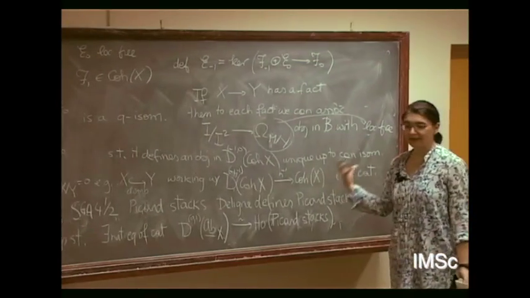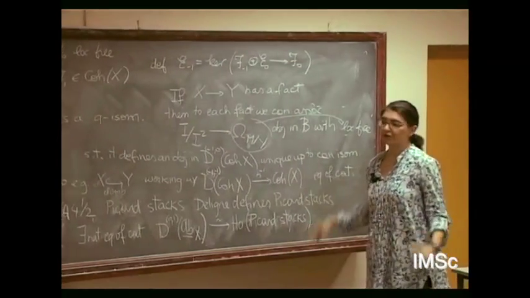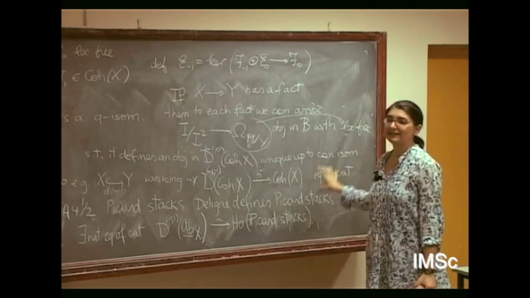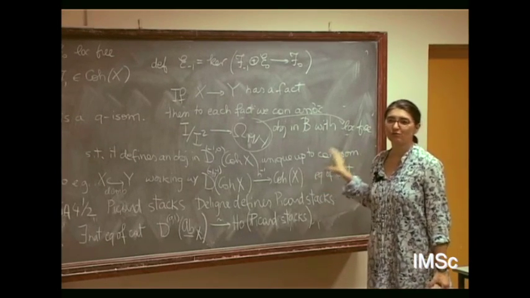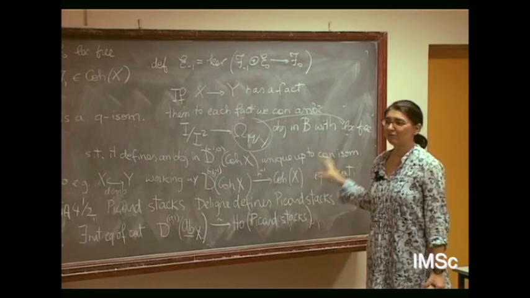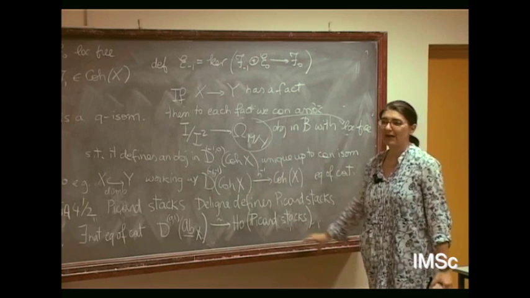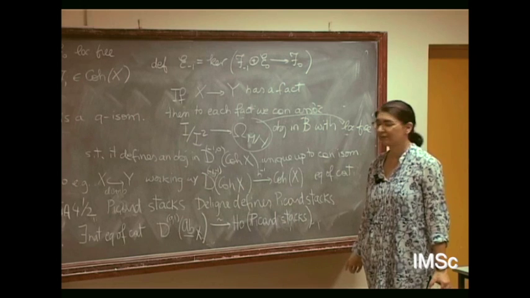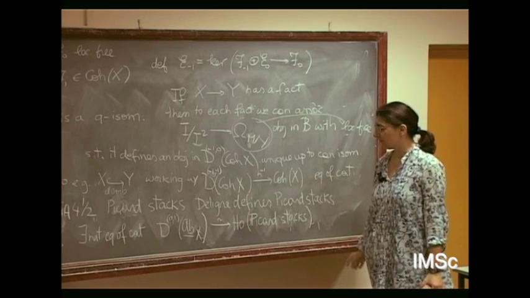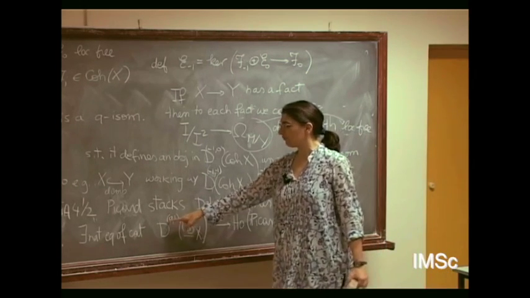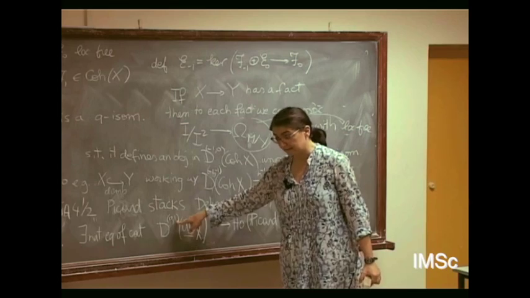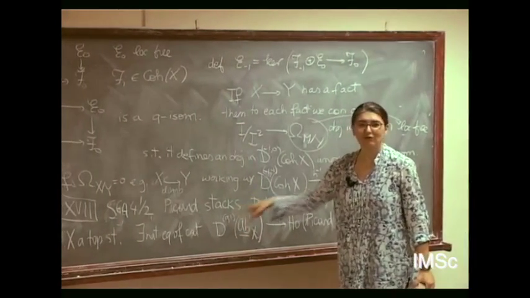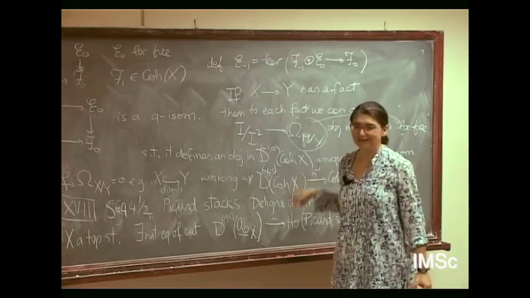And my purpose now, in the quarter of an hour that we have left, is to give you an idea about what this is supposed to mean and why this is supposed to help us. Questions? Is there a reason you now go from -1, 0 to 0, 1? No, it's just that these are the degrees that Deligne has, so I want to make sure that I write exactly his statement.